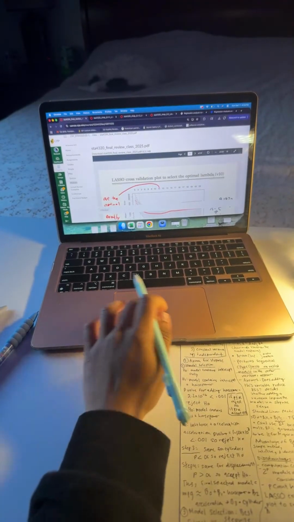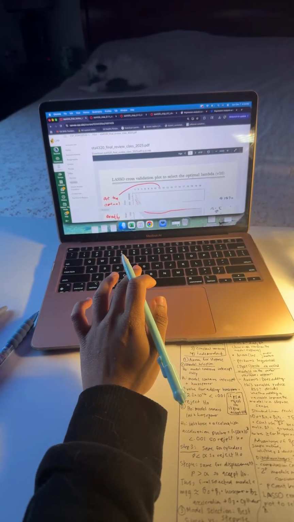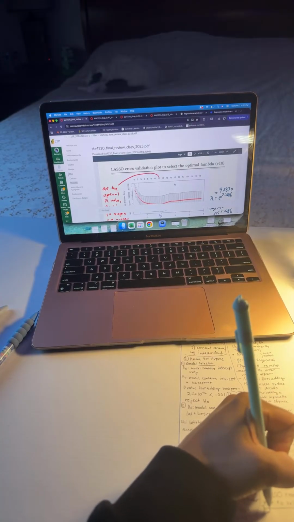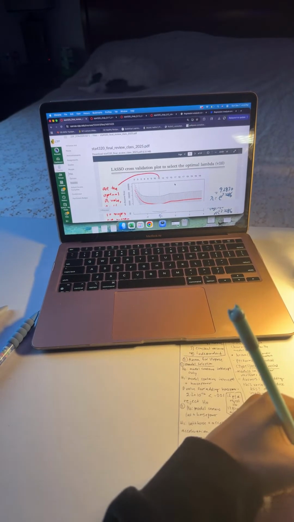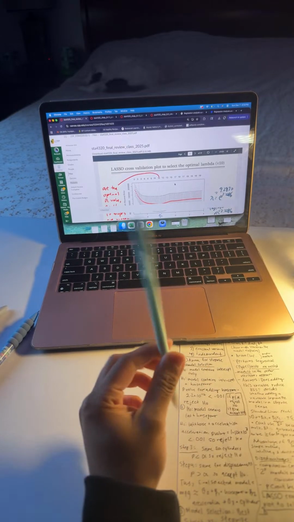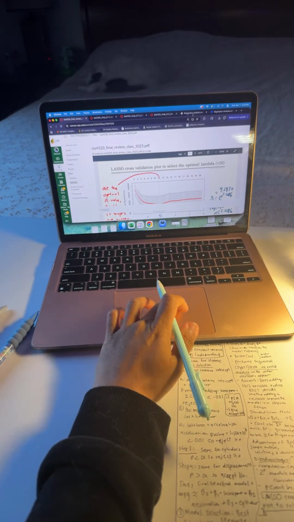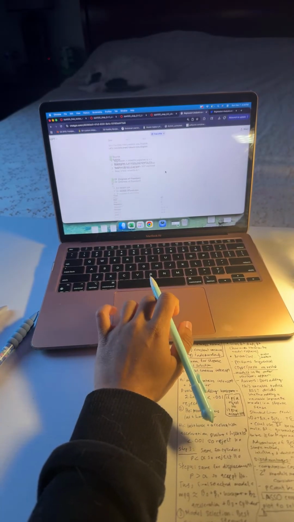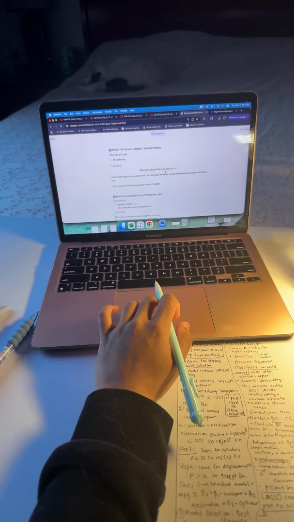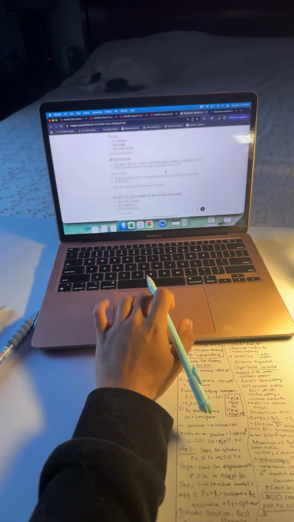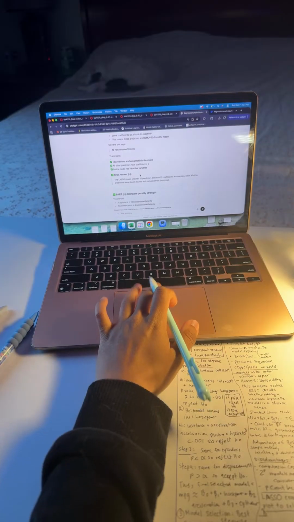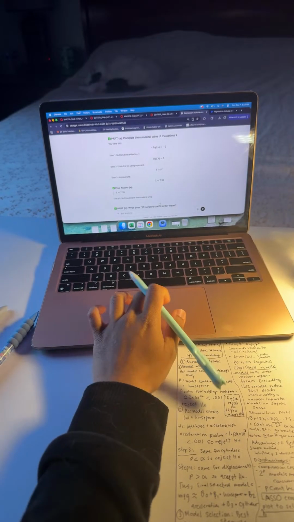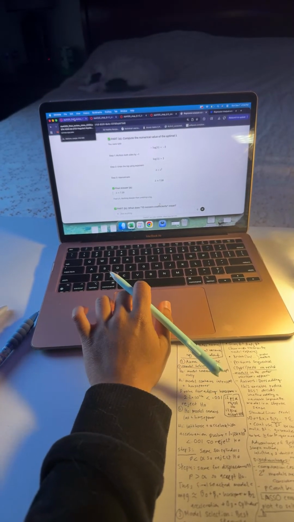Okay. Oh, sorry, I woke up my cat. So part A, let's say: compute the numerical value of the optimal lambda. But how do you find the optimal lambda?